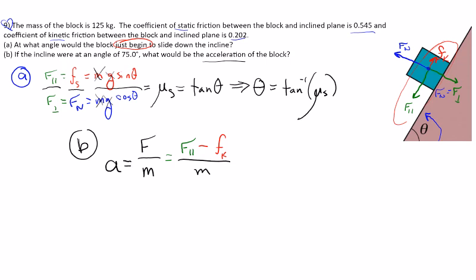We've already shown how to calculate the parallel force: it equals mass times gravity times the sine of theta. And as a reminder, the kinetic friction force is equal to the coefficient of friction times the normal force. But we pointed out earlier that the normal force is equal to the perpendicular force.